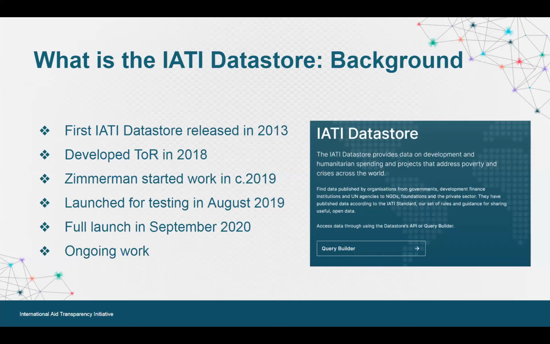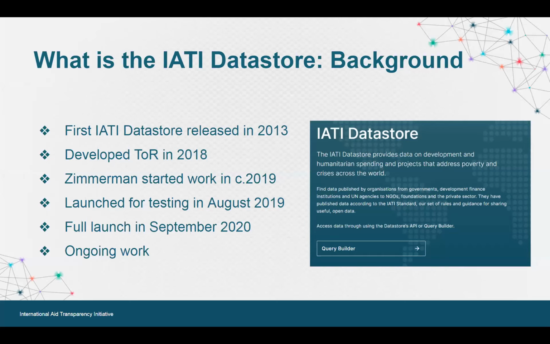This led to us consulting with the community about what a new IATI Datastore should contain and how it should be used. This includes advanced features and the ability to query by every element and attribute. Zimmerman were awarded this work, and they'd already been using their own system, OIPA, for years, and had a head start on building the functionality of IATI's new data store.